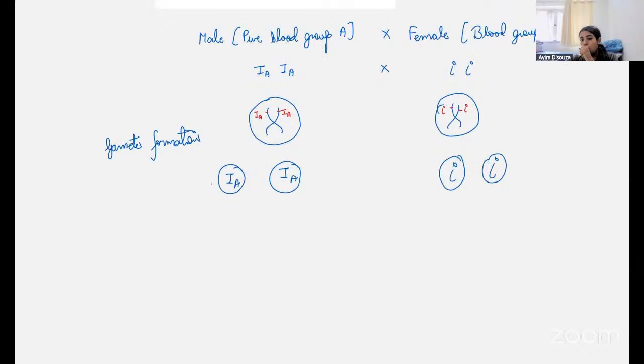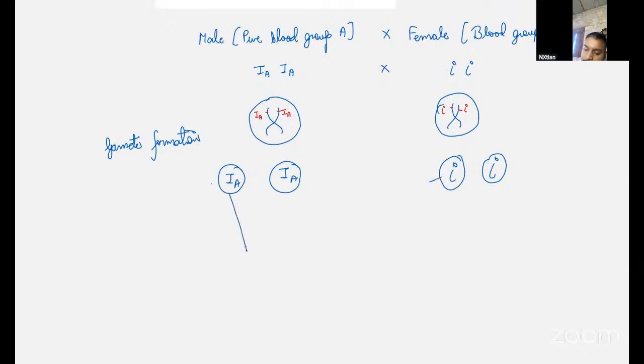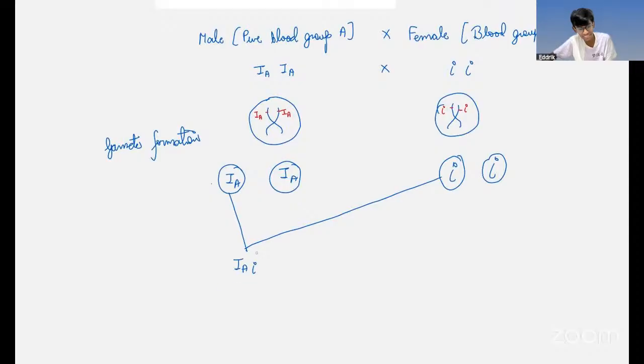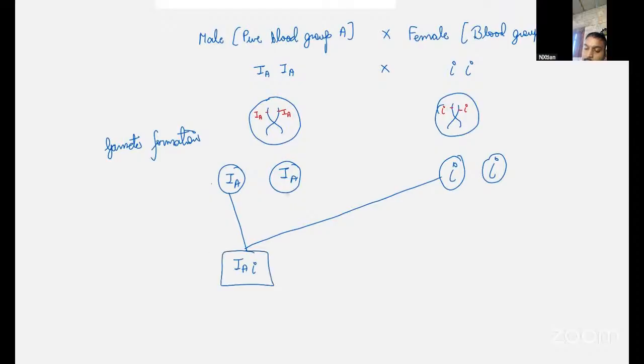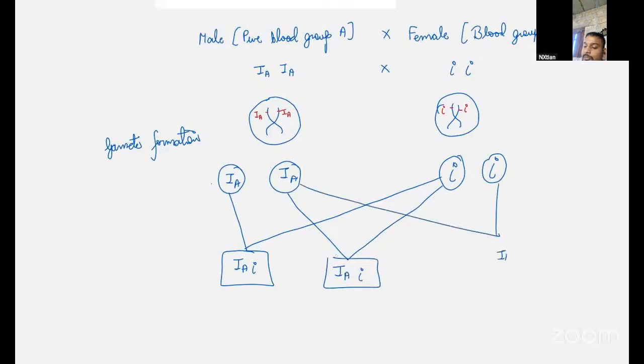Now, if this capital IA crosses with a small i, what will be there? Capital IA and small i. Everyone got my point? So when this fuses with this, it becomes capital IA and small i. If this fuses with this, it is capital IA, small i.